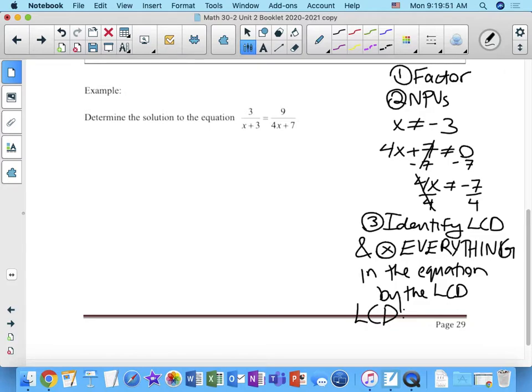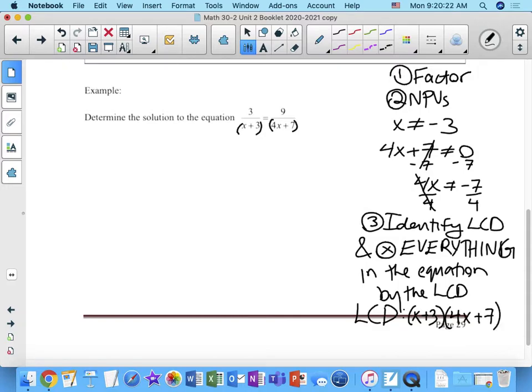Anything in common between those two factors? Okay, but remember, once something's factored, it has to be identical. That's one factor. That's the other factor. Are those identical? No. So they both have to go into the LCD. So the LCD in this case, if the factors are not identical, is x plus 3 times 4x plus 7.